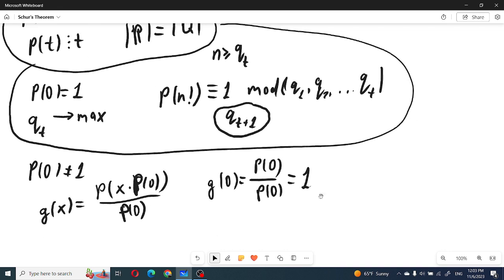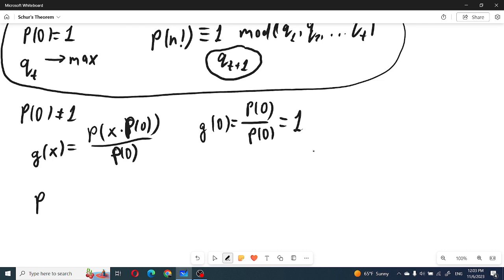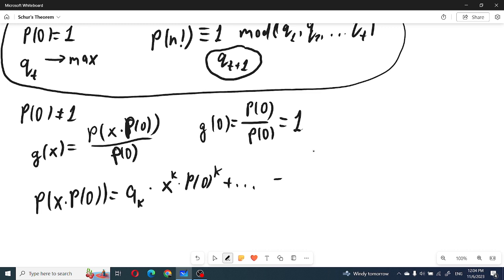So if we imagine that p of x times p0 equals a_k x^k p0^k, and so on, and the last terms are a1 times x times p of 0 plus p of 0, and we divide all these by p of 0, we will see that all its coefficients must also be integers.